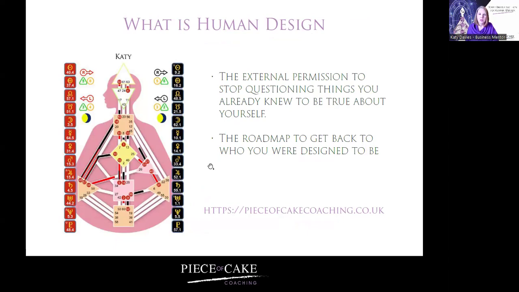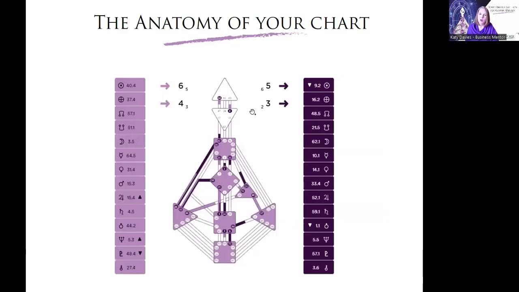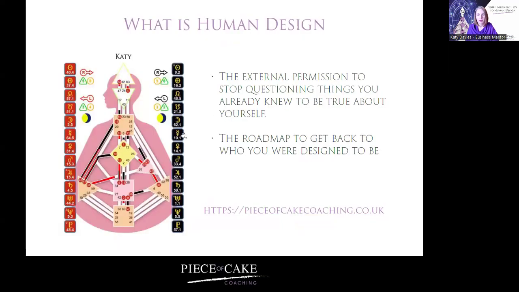The colors mean something in terms of whether it is black, red, dark purple, or light purple, but it doesn't matter which specific color it is. Does that make sense? I hope that makes sense. Once you understand the anatomy of your chart, even if you go off and start to dive into other things and you see a chart that's all different colors, it won't matter. You'll understand what it means.